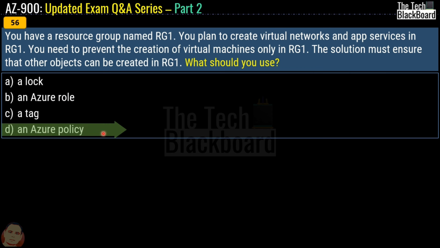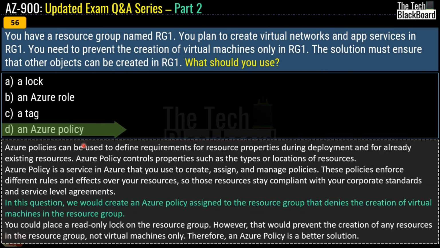Now let me give you a little bit more detail on Azure policy. Azure policies can be used to define requirements for resource properties during deployment and for already existing resources. Azure policies control properties such as type or location of resources, and that's what we are also looking for. We are controlling the type of resources. We want to restrict the creation of virtual machines. On the other hand, we can let go the creation of all the other resources. Similarly, you can use Azure policies to control the location of resources.